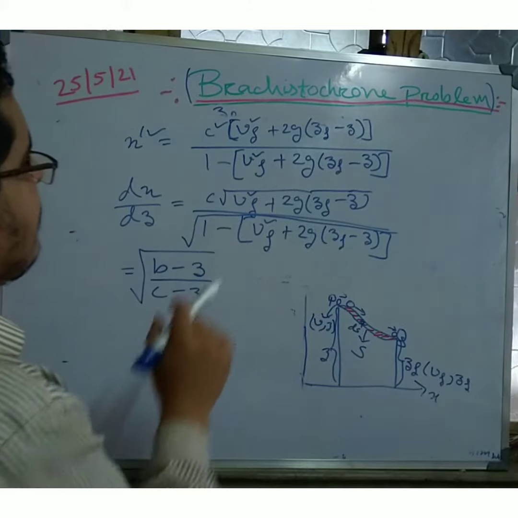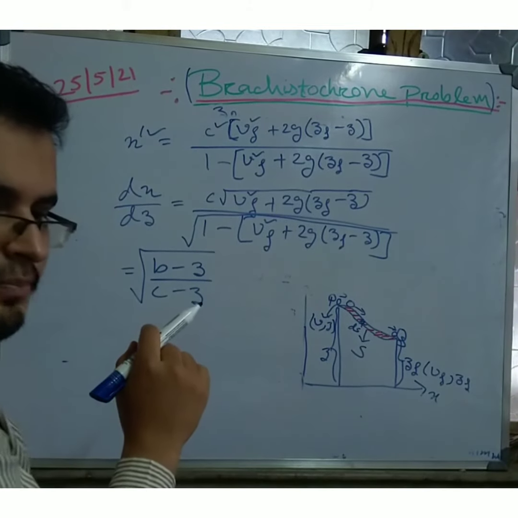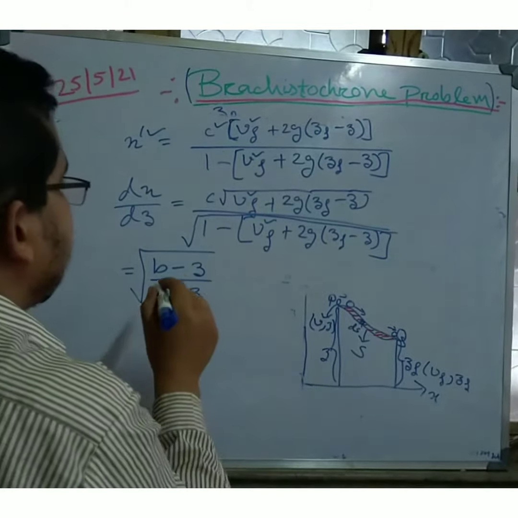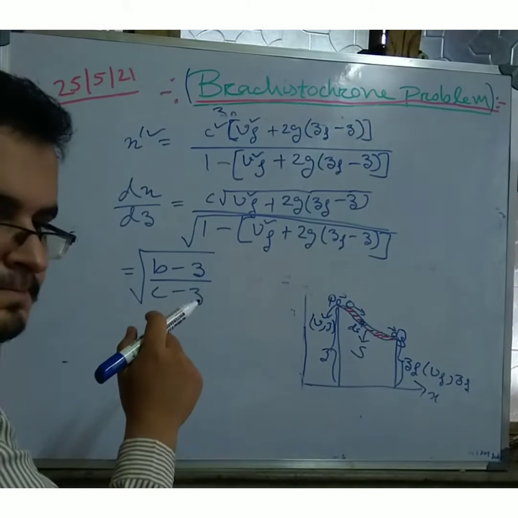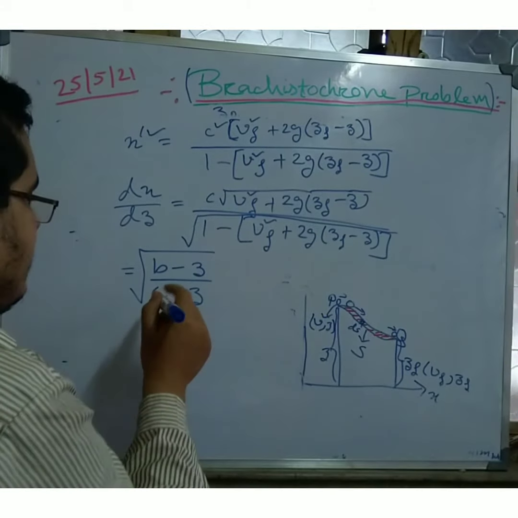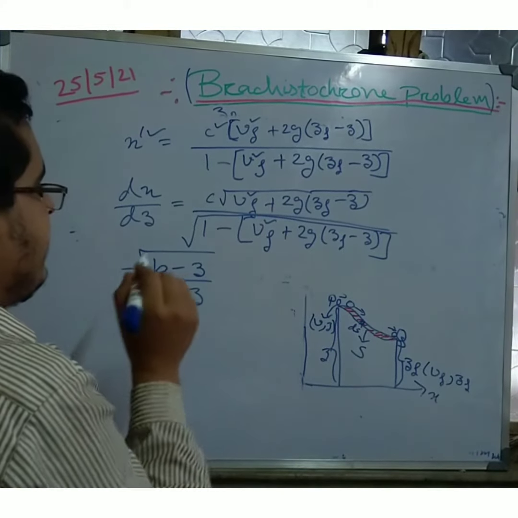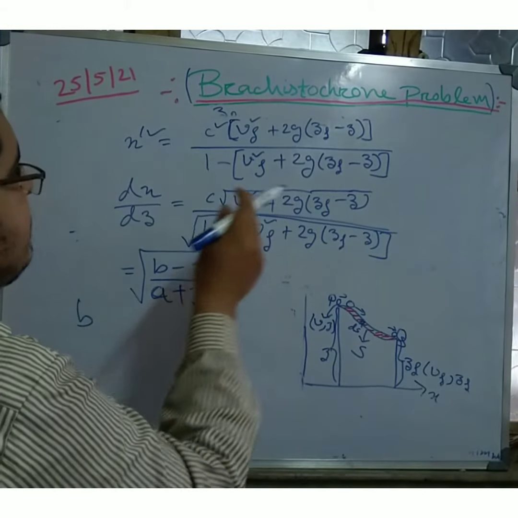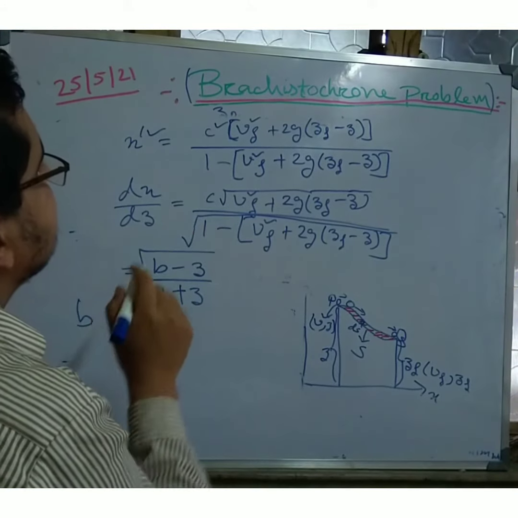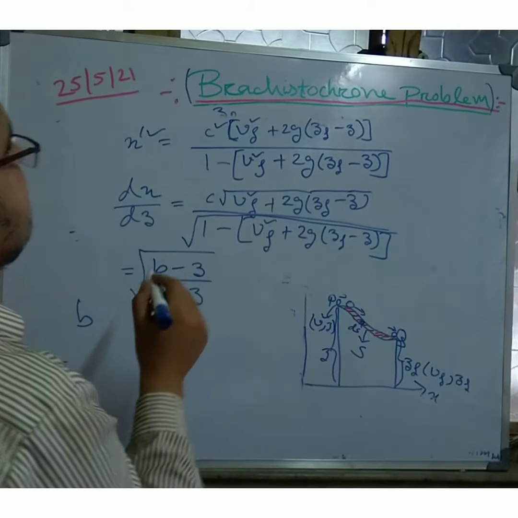In here, according to the comparisons, what are the b and c values? It is a plus j, I write a plus j. So friends, what is the b value? B minus j.